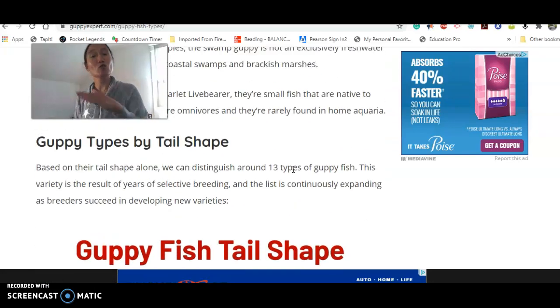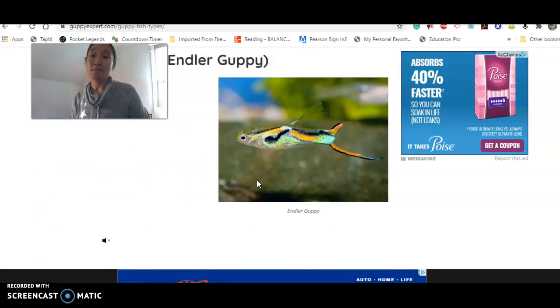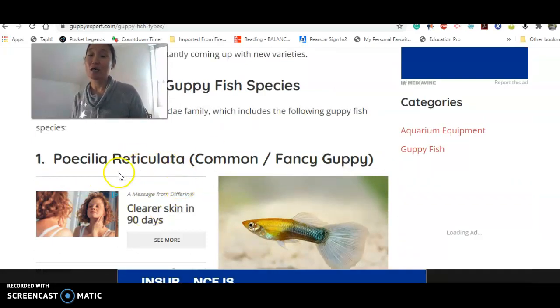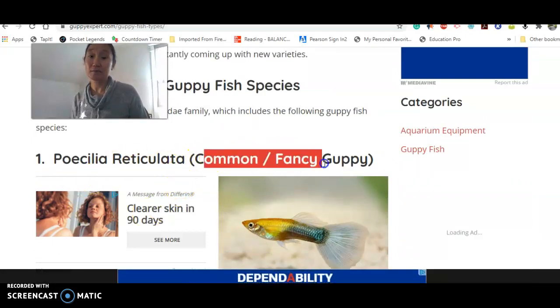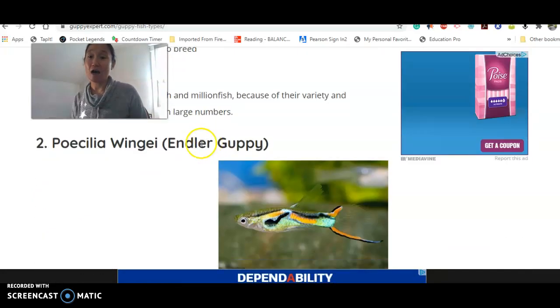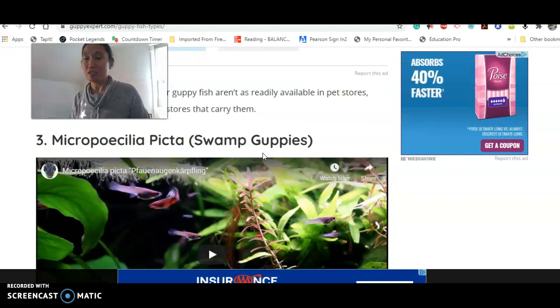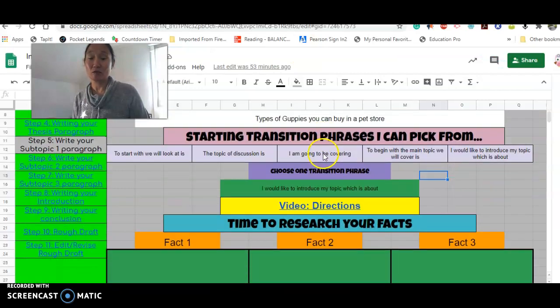And then you could sort guppies by tail shapes. I'm probably not going to talk about them, but I think I could find 3 really good facts about common guppies, Endler guppies, and the swamp type guppy. So those are the 3 things that I'm going to teach here.